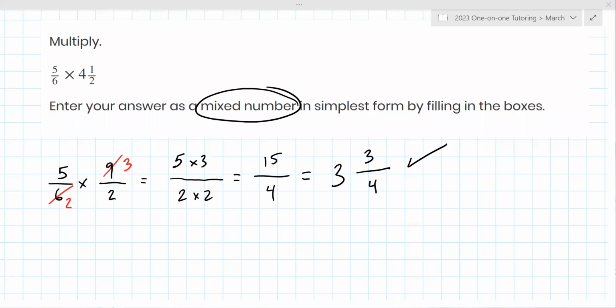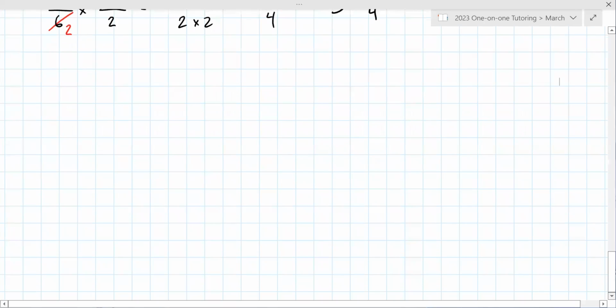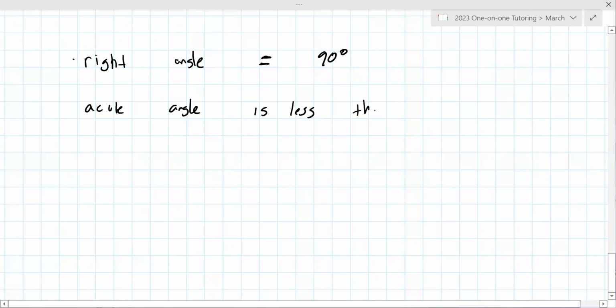Here's a problem for us to work on. Before we do that though, let's write a few definitions down that we're going to need. Do you remember the measure of a right angle? A 90-degree angle. 90 degrees, good. So an acute angle is less than 90. Okay.